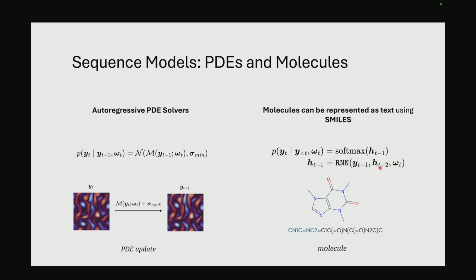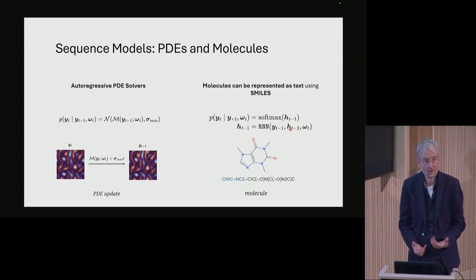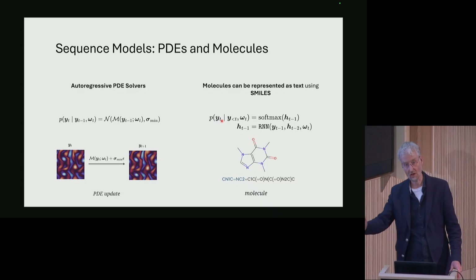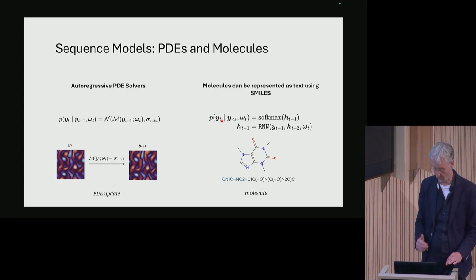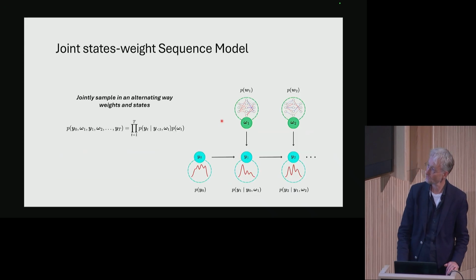So you have an RNN with a state H, which is a memory state that collects all the information from the past. With your current state and a bunch of parameters, the RNN then predicts the next state H. Then from H, you apply a softmax, and that gives you the probability for the next state, given the entire history up till then. And what we will show is that this method will also work nicely for these types of models.